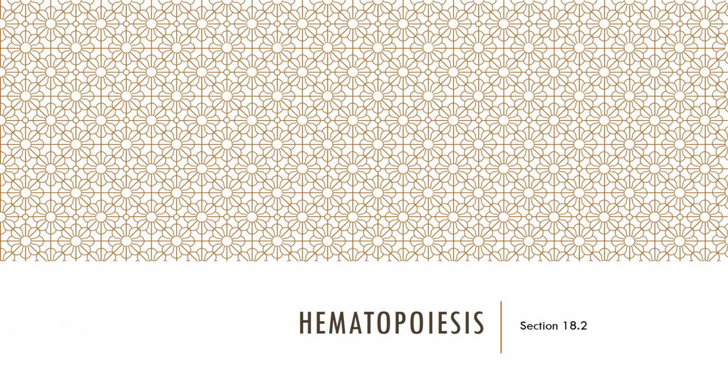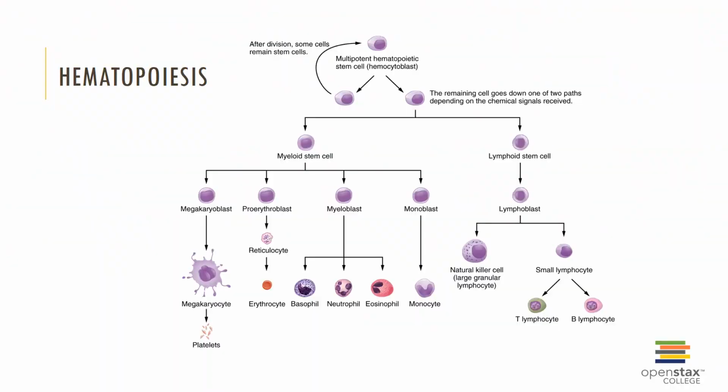Now we will examine the formation of red blood cells, white blood cells, and platelets. Hematopoiesis is shown here. And you can see that the process begins from a multipotent stem cell.